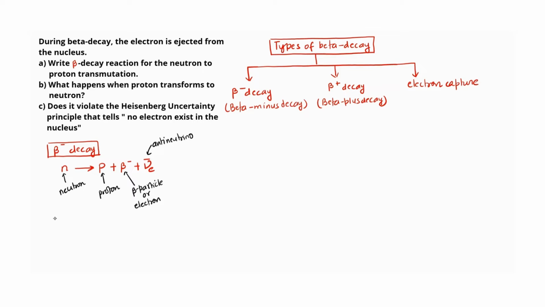And beta minus decay occurs with a nuclide for which N by Z is too large.